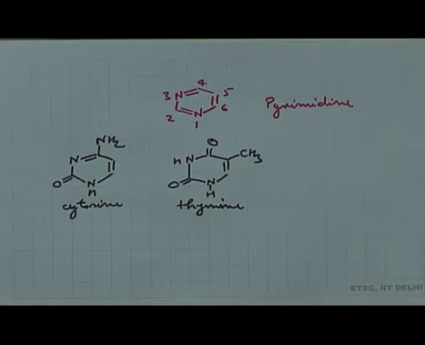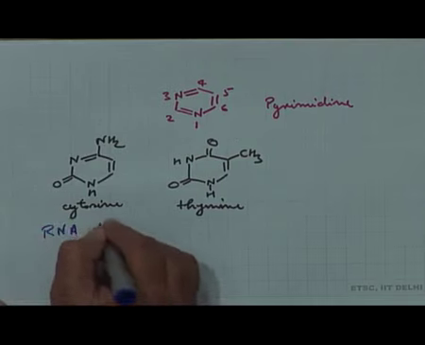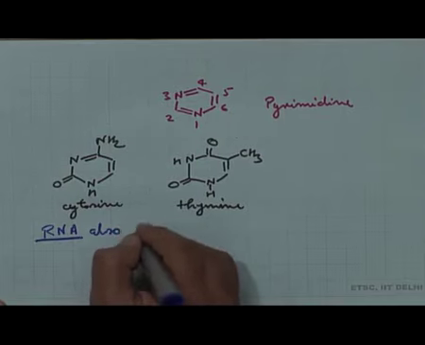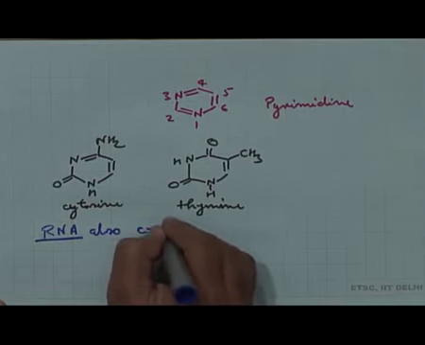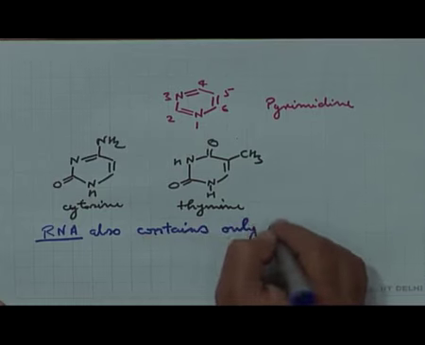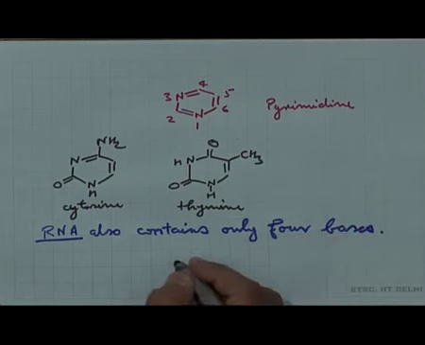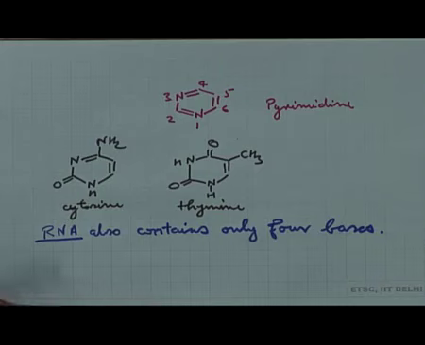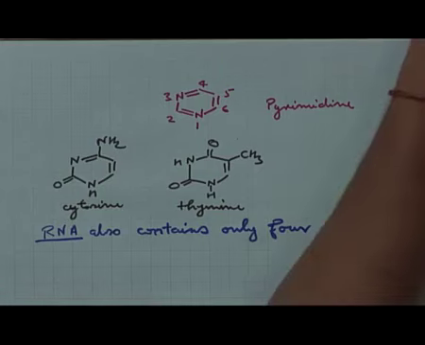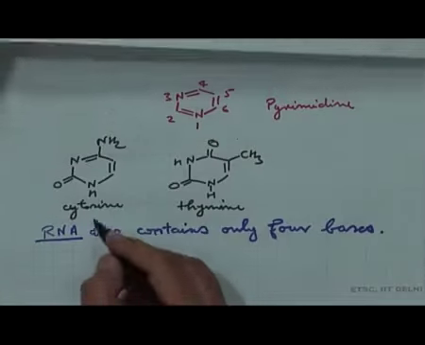Similarly, RNA also contains only 4 bases, three of them being adenine, guanine and cytosine.